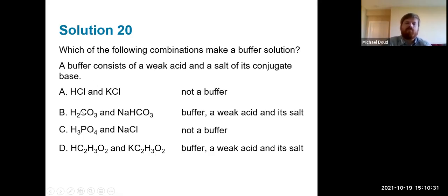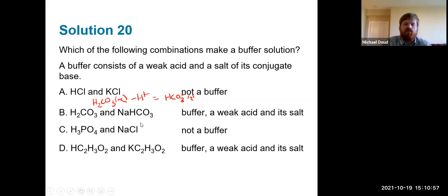Now, if you take carbonic acid, H2CO3, and you mix it with sodium hydrogen carbonate, well, this is a mixture of H2CO3. And what do you get if it gives up a proton? Well, you would get hydrogen carbonate. In other words, you get the acid and its conjugate base.